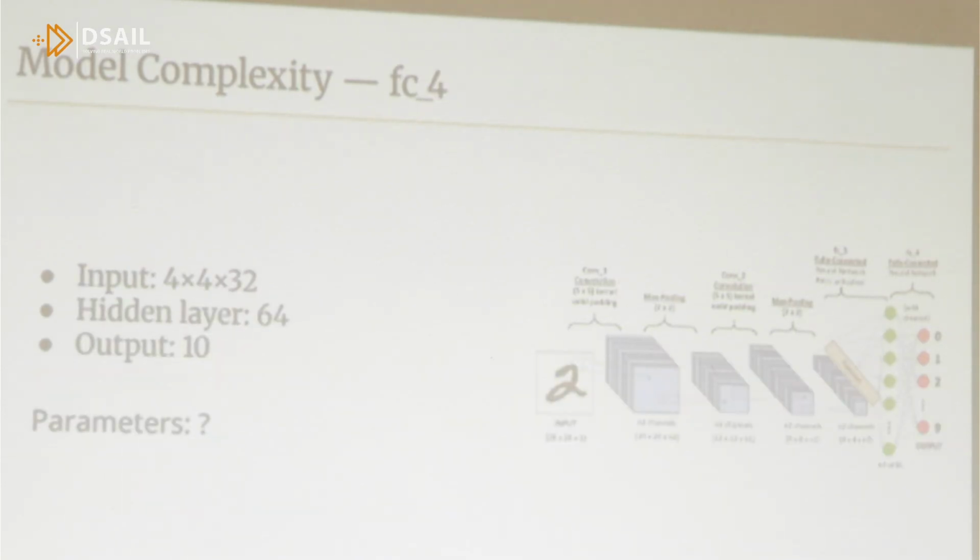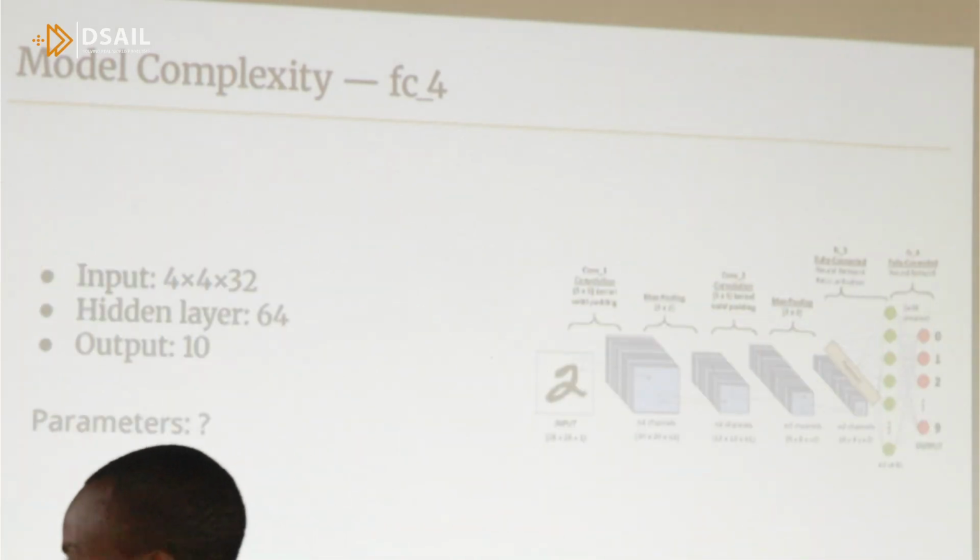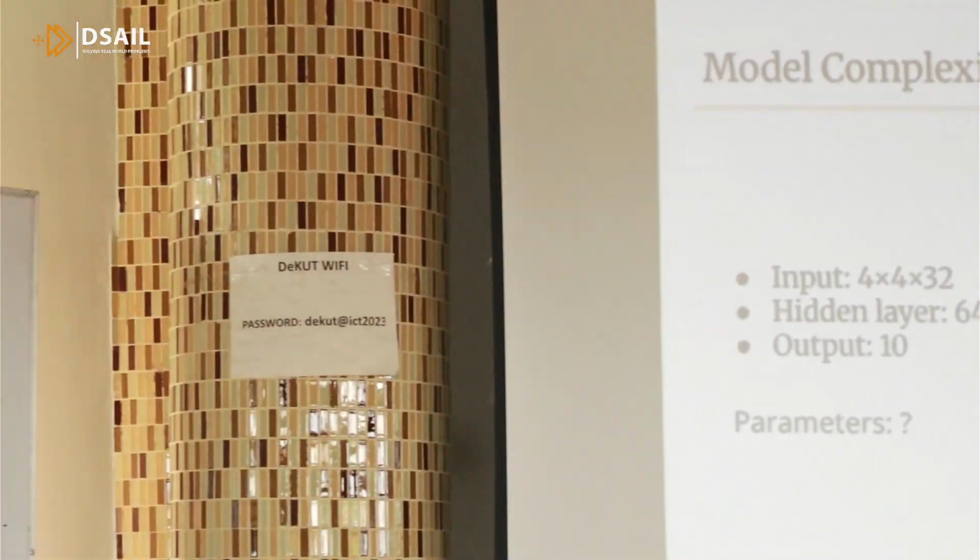And then the final fully connected layer. A fully connected layer has an input of 4 by 4 by 32, and this will be flattened out. They cannot be fed like that to the layer altogether, so they will be flattened out, the concept we began with at the beginning. So 4 by 4, that's 16, and then times 32 altogether. Now, how does a fully connected layer look like? I think Cedric sort of handled this, but we didn't do the parameter count.